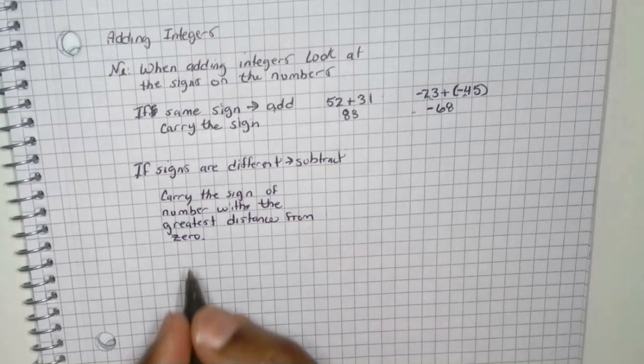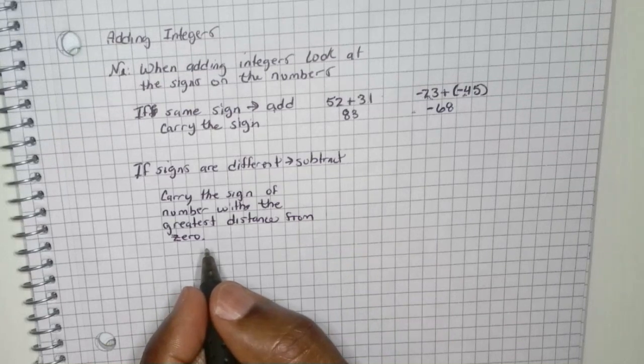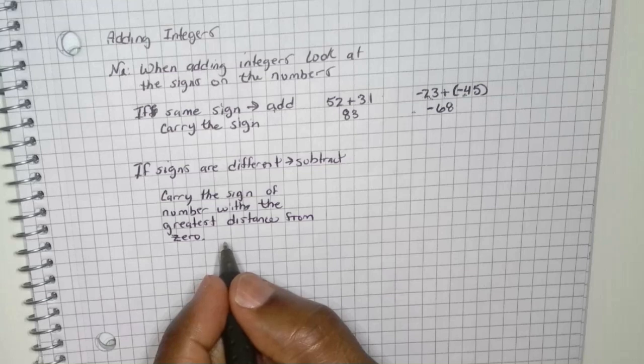Whoever has the greatest distance from 0, that's whose sign you carry when the signs are different.